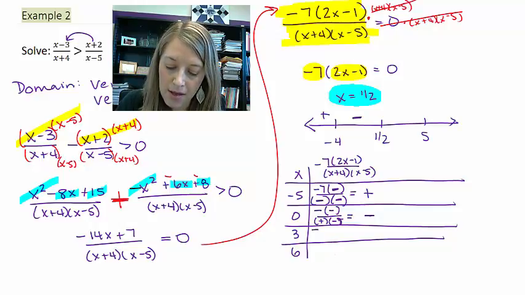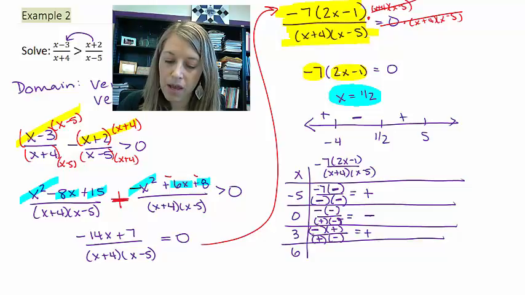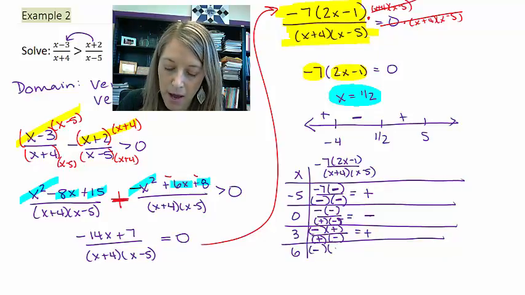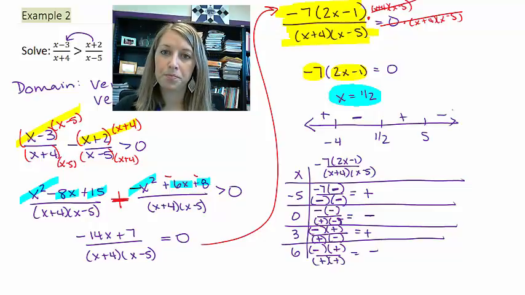If I plug in 3, I have negative 7, a positive here, 6 minus 1 positive here, and then 3 minus 5 is negative there. So that gives me an even amount of negatives, or positive. If I plug in 6, I have negative 7, a positive here, a positive there, and a positive there. So it gives me negative, or below.